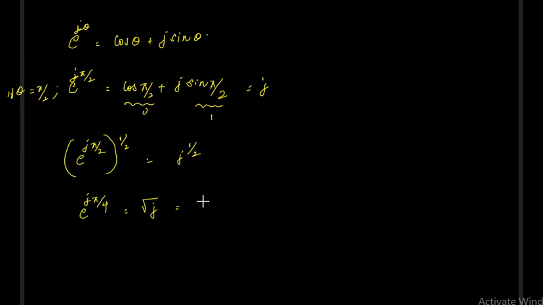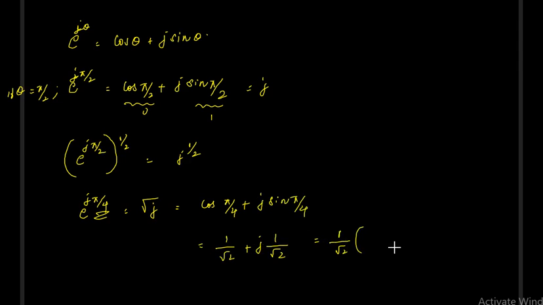That means the square root of j is cos pi by 4 plus j sine pi by 4. Cos pi by 4 is 1 by root 2, so we have 1 by root 2 plus j times 1 by root 2. We can take 1 by root 2 outside as a common term, so it becomes 1 by root 2 times 1 plus j. So this is the square root of j.